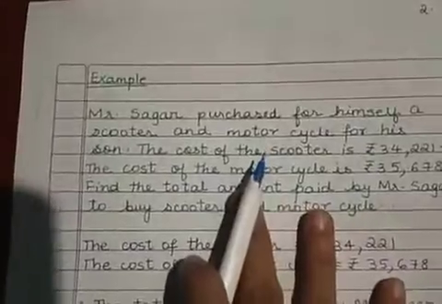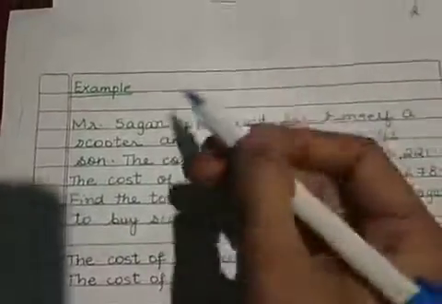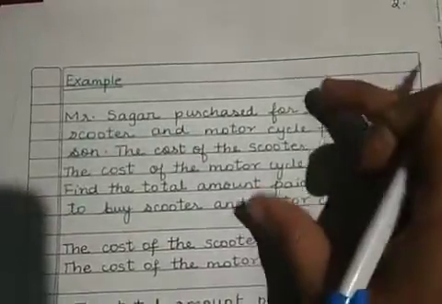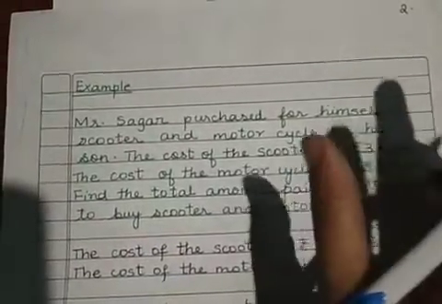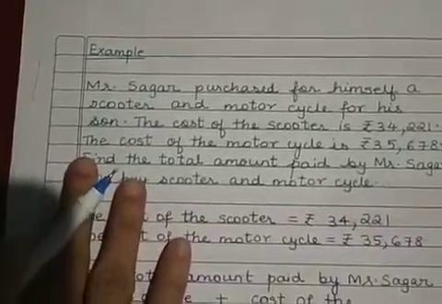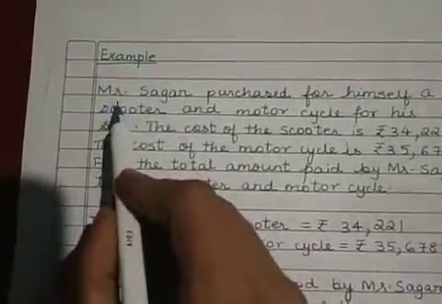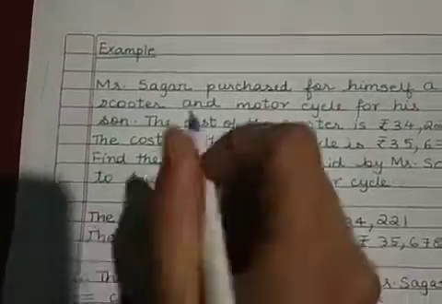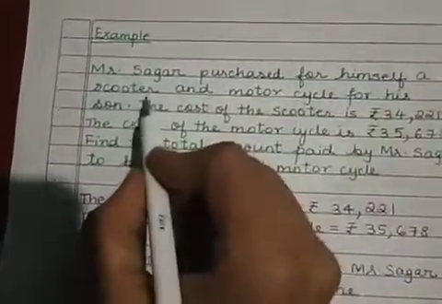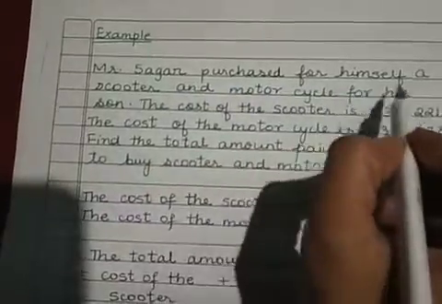Now based on addition, you can also have word problems like this. Based on the operation addition, let us see how to solve a word problem. Here it says, Mr. Sagar purchased for himself a scooter and motorcycle for his son.